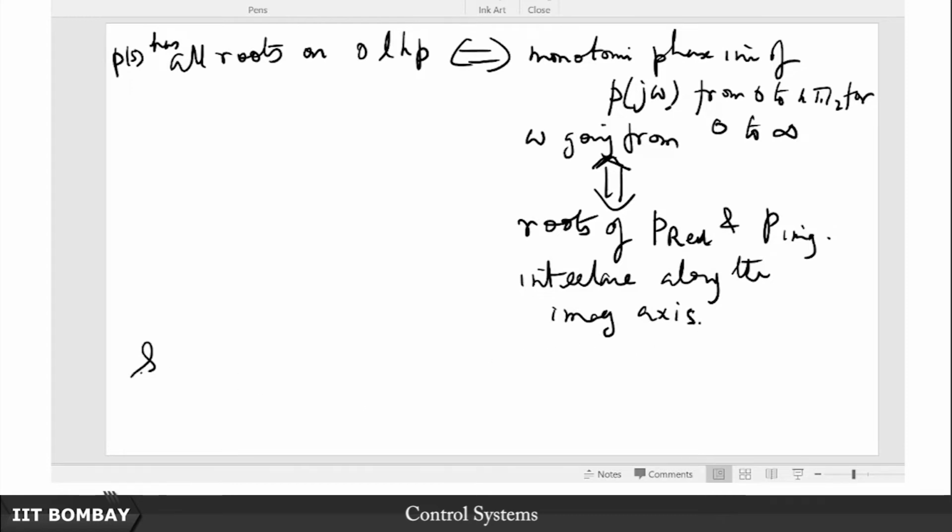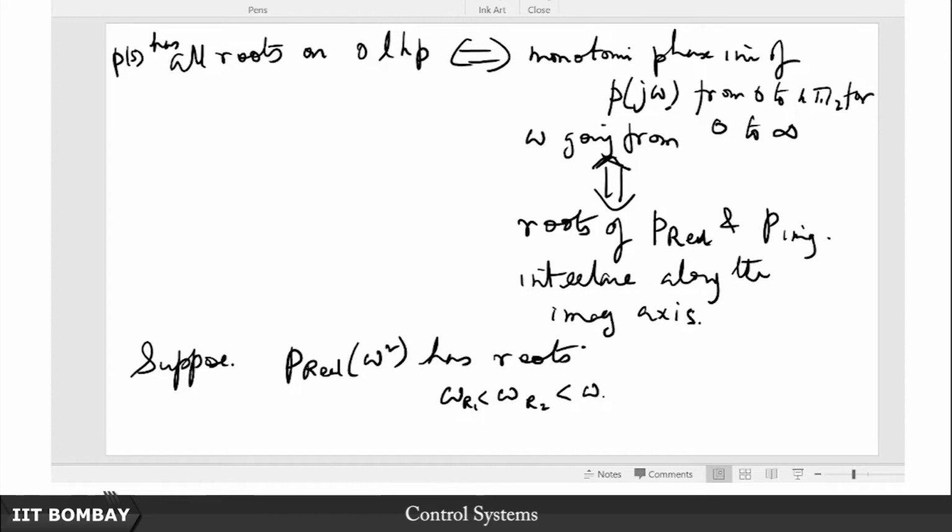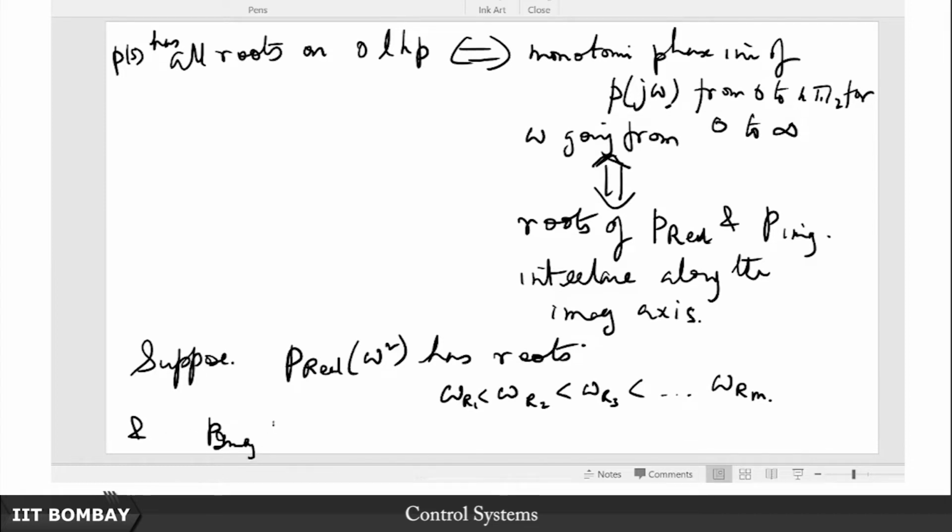So, more formally put, suppose P real of omega squared has roots omega r1, omega r2, omega r3, and so on till omega rm, and P imaginary of omega squared has roots omega I1 less than omega I2 less than so on and so forth till omega I(m minus 1).